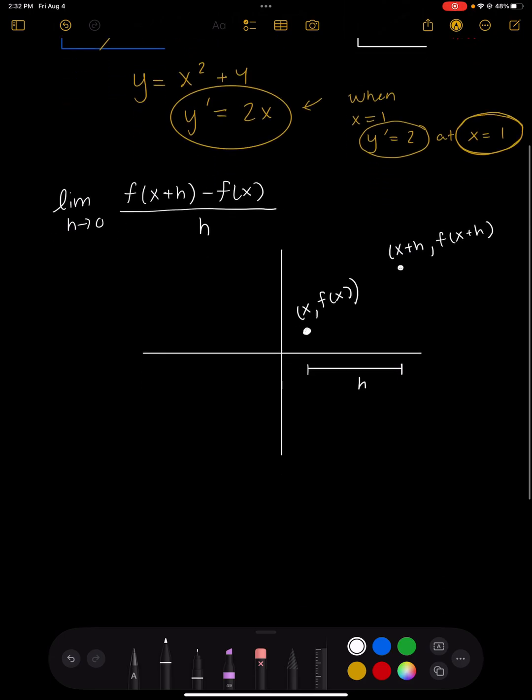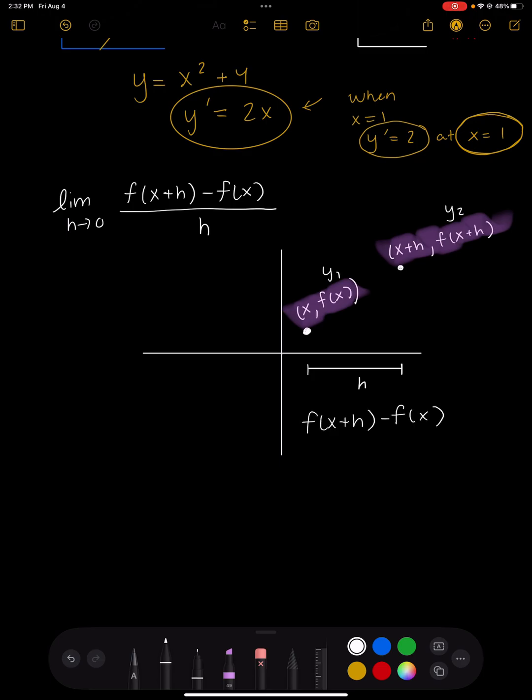So if we were to calculate the slope with these 2 points, we would do y2 minus y1 over x2 minus x1.